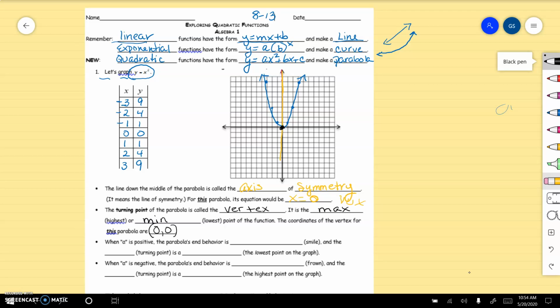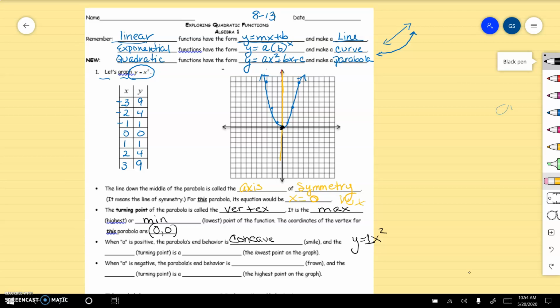All right, so when A is positive, the parabola's end behavior is, well, what does that mean? Well, this equation is y equals x raised to the second power. There is an A value in there. Remember, there's a 1. Is 1 positive or negative? Well, 1's positive. So when A is positive, the parabola's end behavior is called concave up.